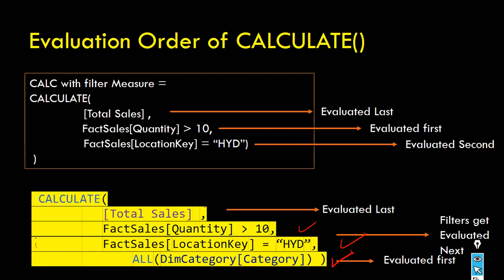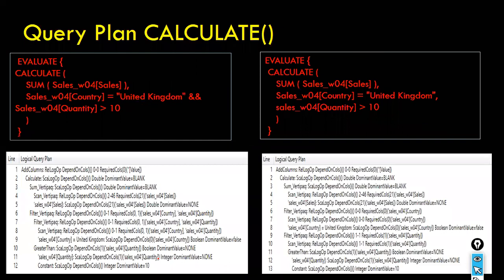So it gives more weightage to the filter modification function. This is your Boolean filter. This is a filter modification function. And these are your logical qualifier and physical qualifier, that we will see later.